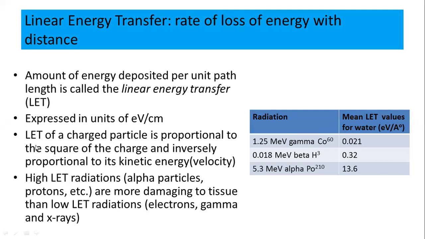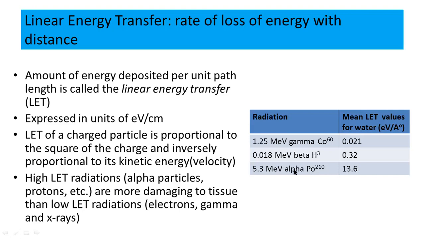But here I am going to explain that the LET of a charged particle is proportional to the square of the charge. That means the more the charge, the more the linear energy transfer, because it loses more energy when passing through the material, interacting with the electrons. It will lose more energy traveling through the material if the charge on the particle is more.